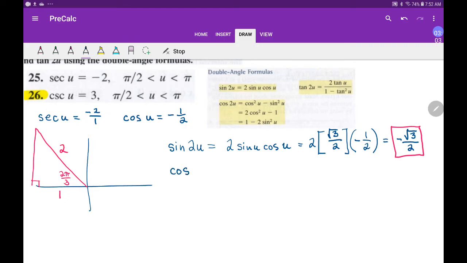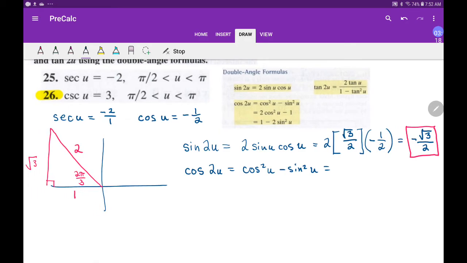The cosine of 2u, I'm going to go with what we always go with, cosine squared u minus sine squared u. And so the cosine of u, we said, was, I can't see it. Oh, yes, I can. It's -1 over 2 squared minus square root of 3 over 2 squared.